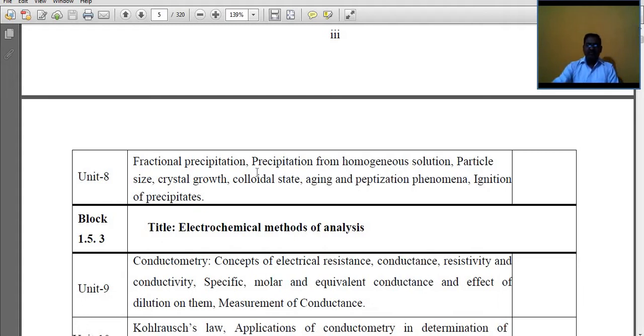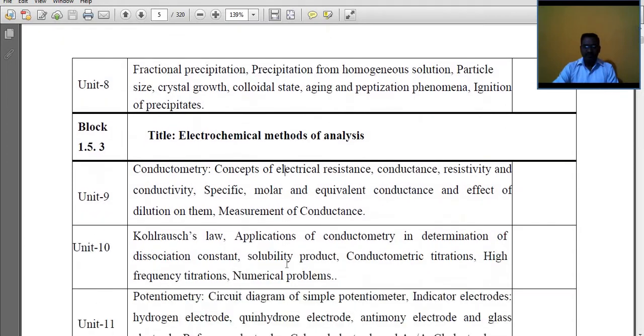After this unit, Unit 9 also continues. The electrochemical methods of analysis.